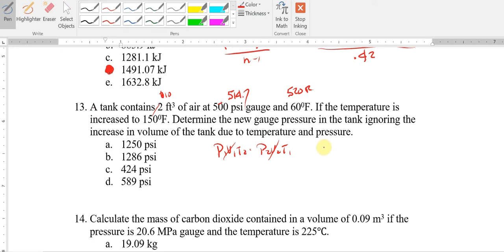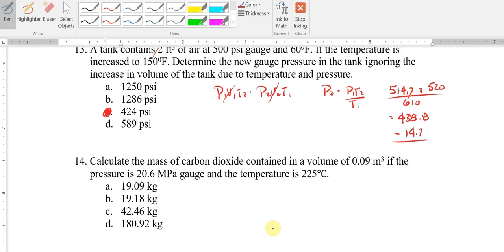So I'm looking for the new pressure, P2 equals P1 T2 over T1, and I can plug all those numbers in. 514.7 times 520 all over 610, and that equals 438.8, but I still have to subtract 14.7, and that gives me 424 as my gauge pressure.